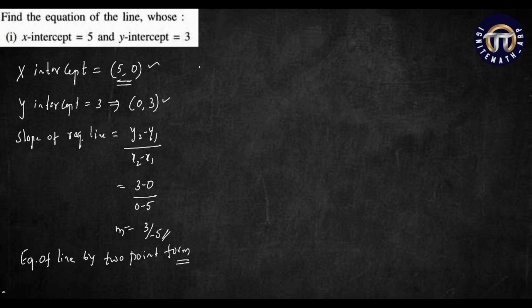That is y minus y1 is equal to m of (x minus x1). I can take either this point or this point. So y minus 3 is equal to m, which is 3 by minus 5, times (x minus 0).